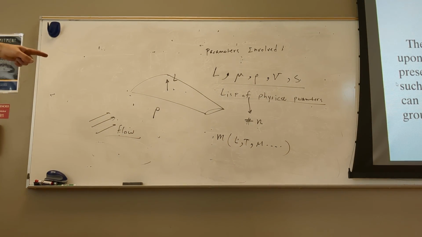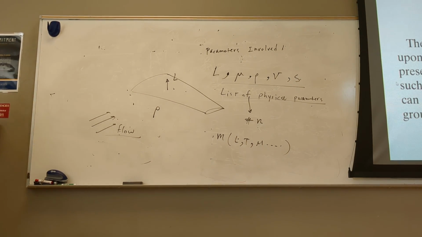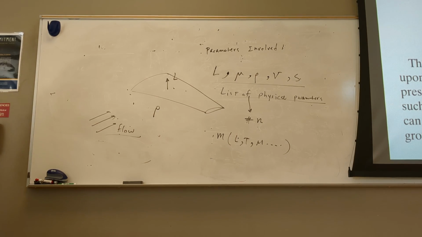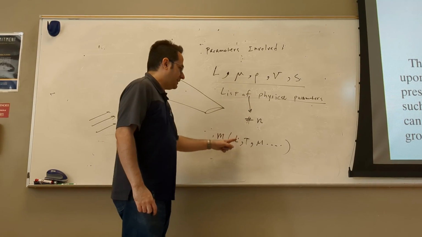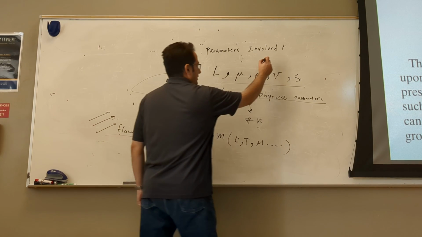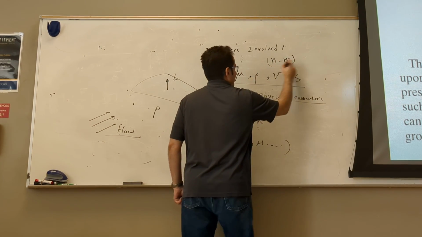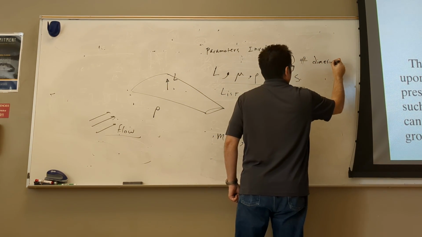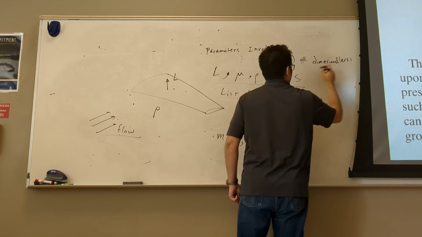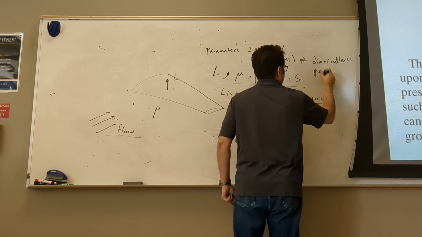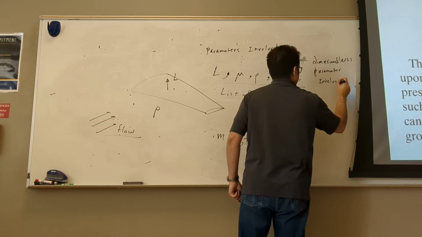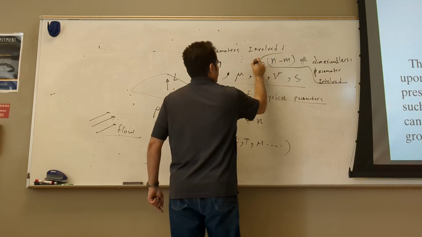You see the L, T, M things that we have in this table, they call them basic dimensions. So the Buckingham Pi theorem says that if you have n number of physical quantities and m number of basic dimensions, then n minus m is the number of dimensionless parameters involved. They call these Pi parameters.